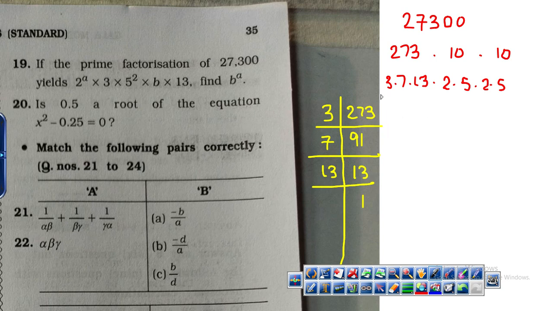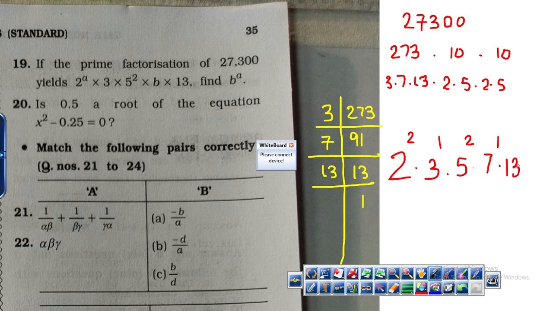Therefore, according to my calculation, 2 है 2 बार, 3 है 1 बार, 5 है 2 बार, 7 है 1 बार, 13 है 1 बार, and they are saying this is the answer.